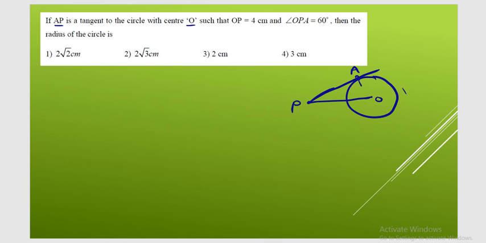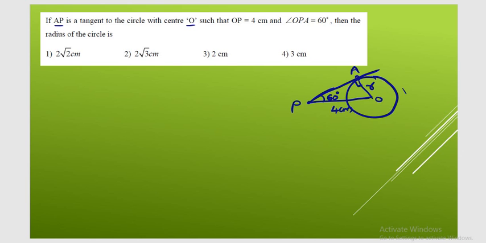Since we know the radius will make a 90 degrees angle at the point of contact, and he has given angle OPA, so angle OPA is equal to 60 degrees. Right? Now what is he asking you to find? He is asking you to find the radius, and he has given OP as 4 centimeters.